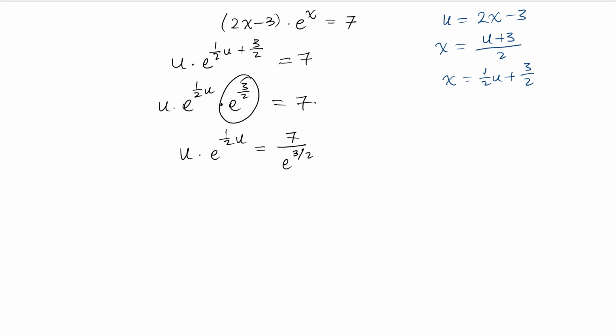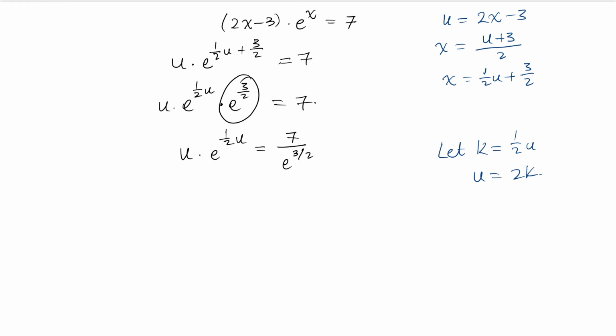Now I need to substitute again because I need it to be written in the form u multiplied by e to the u. This is u multiplied by e to the half u. So I'll do another substitution. So I'll say let, in this case, k equal half u. That means u is equal to 2k.